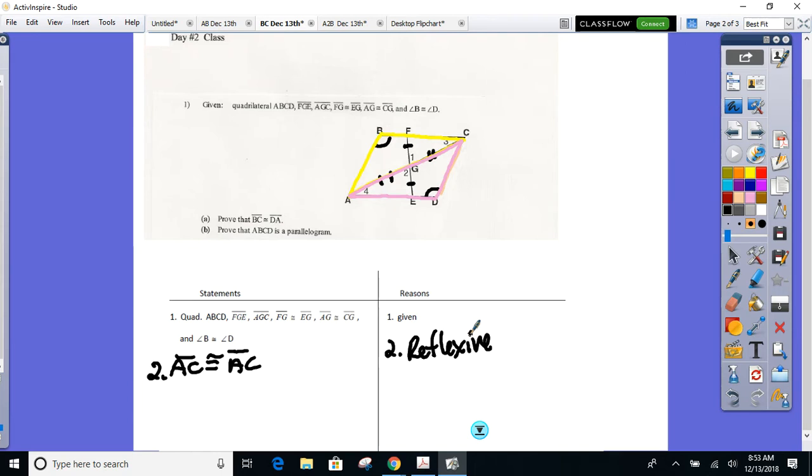But that proof doesn't stop. Might not be those two, but are there any others up there? Yeah, I can prove these two right here. They're almost done. The only thing I need to say is what? Angle 1 is congruent to angle 2. Vertical angles are congruent.